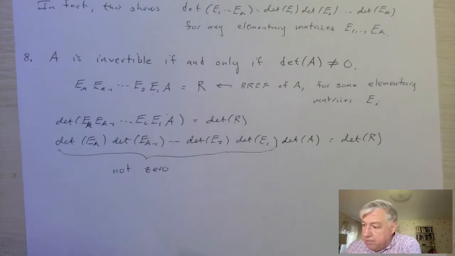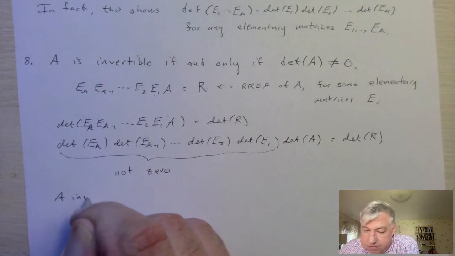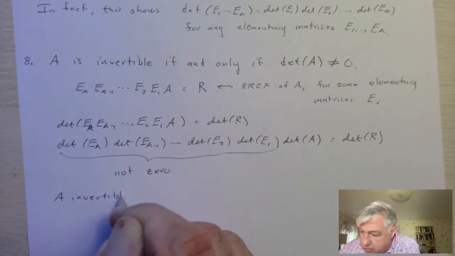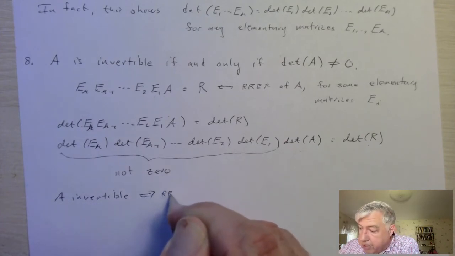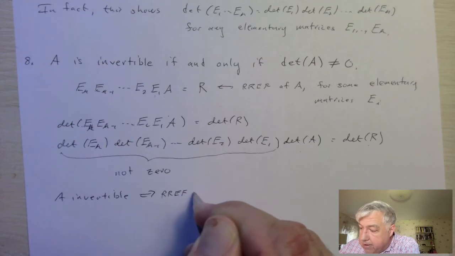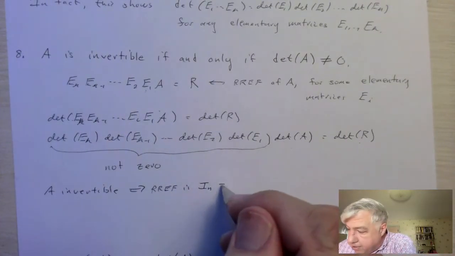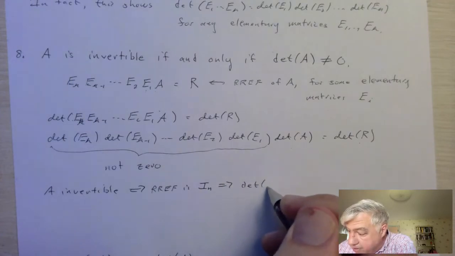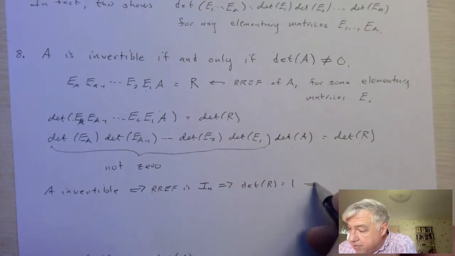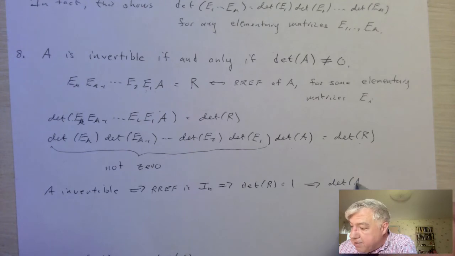So if A is invertible, the reduced row echelon form is I_n, which means the determinant of R is 1, which means the determinant of A cannot be 0.